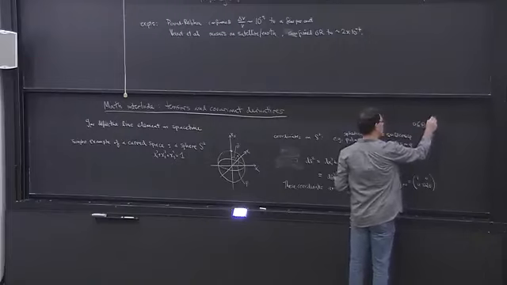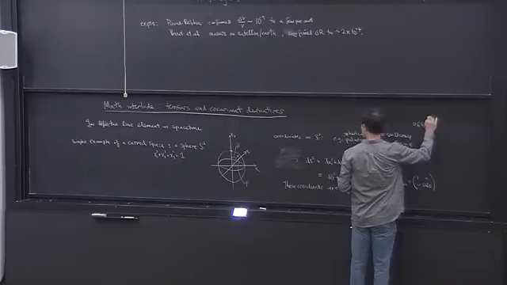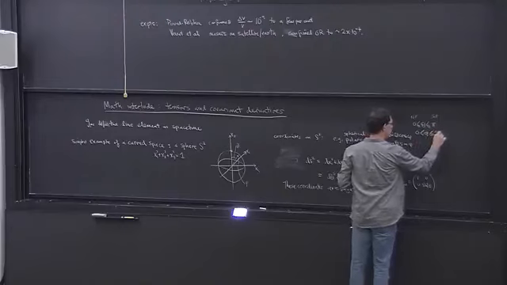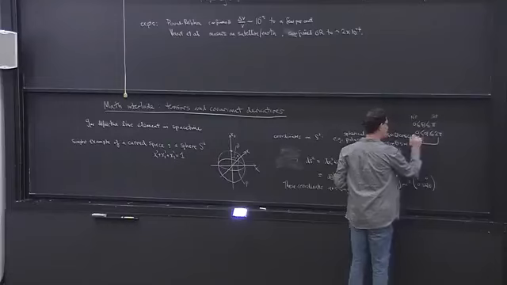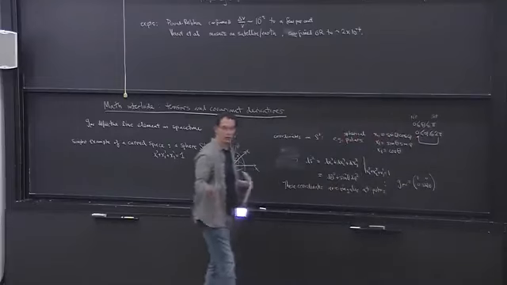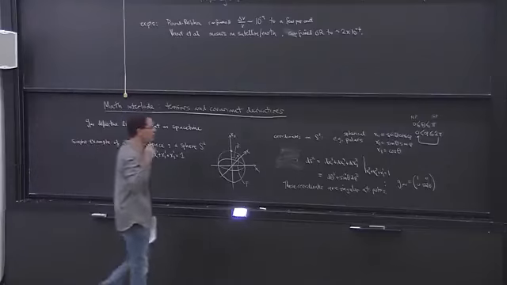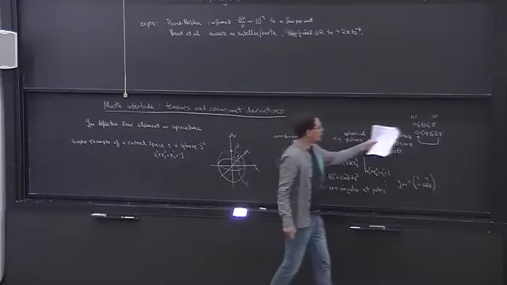This is the North Pole. Sorry, this is the South Pole. This is the North Pole. And phi ranges over 0 and 2 pi, with 2 pi identified with 0. Okay, because phi is a coordinate on a circle, so 2 pi should be identified with 0.